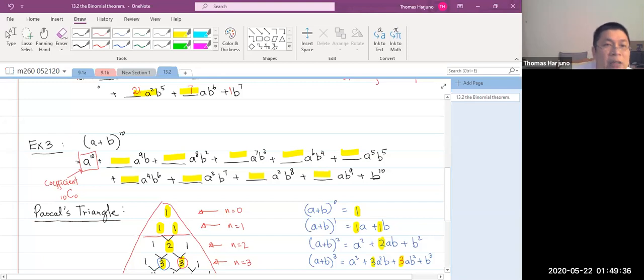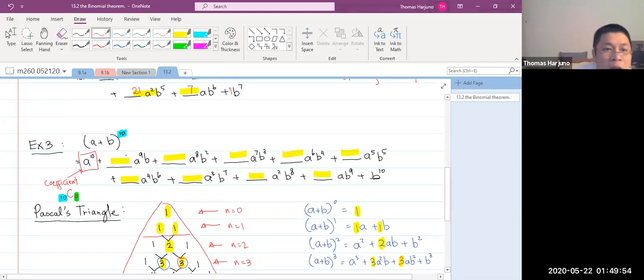You can say the 0 here. The 10 is from the exponent. But the 0 here is the exponent of b. Now, 10 combination 0 is 1, right?